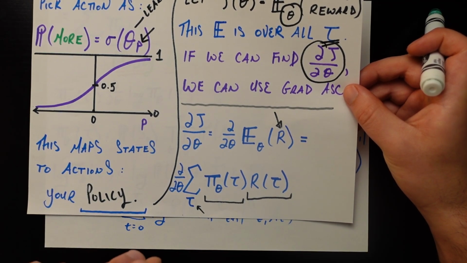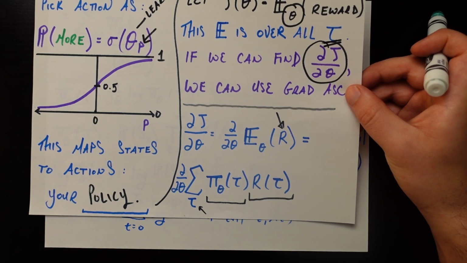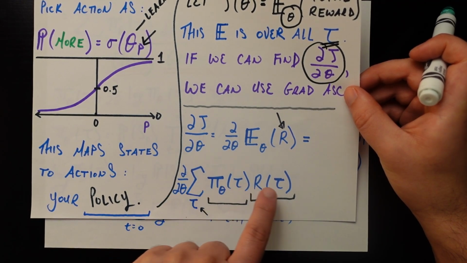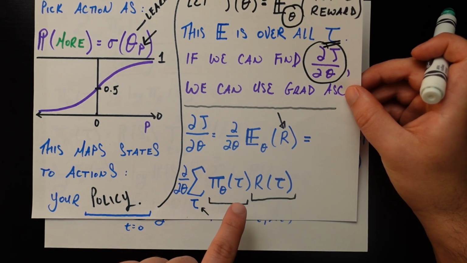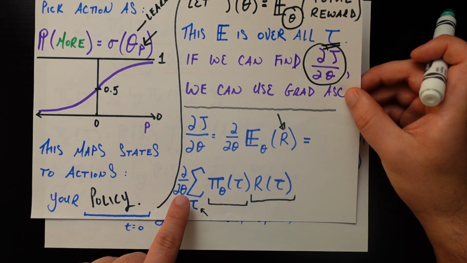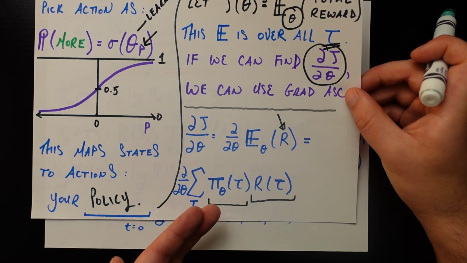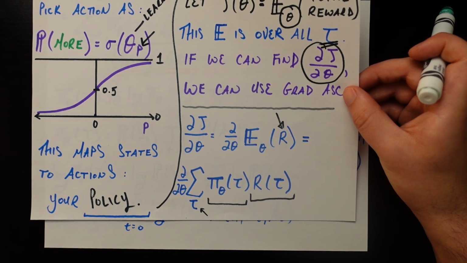The only small caveat, which I have to point out because otherwise it would bother me to not tell you, is that this derivative is technically applied to both of these terms. If you think about it for a moment, both of these terms do depend on theta. The pi theta of tau explicitly depends on theta, but the total rewards of this trajectory also depend on theta implicitly.